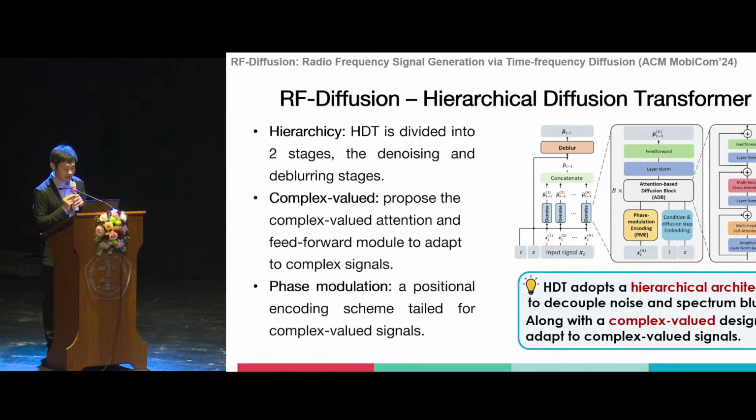Second, the whole network is designed in the complex domain. From the attention to feed-forward layers, all modules support complex operations, so we can model complex-valued RF signals directly. We use complex-valued transformer blocks, including complex attention and complex feed-forward networks.